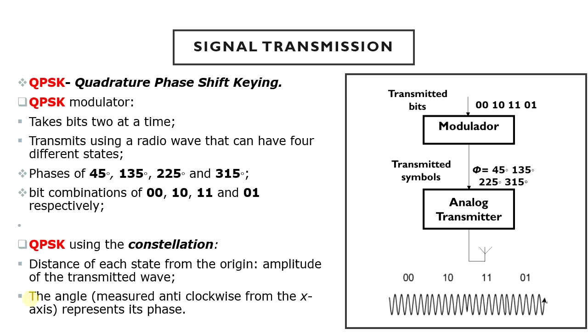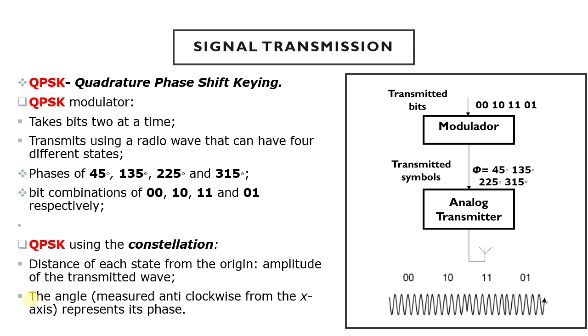These have phases of 45 degrees, 135 degrees, 225 degrees, and 315 degrees, as we can see in the figure, which correspond to bit combinations of 00, 10, 11, and 01, respectively, of course. We can represent the four states of QPSK using the constellation diagram shown in the figure.